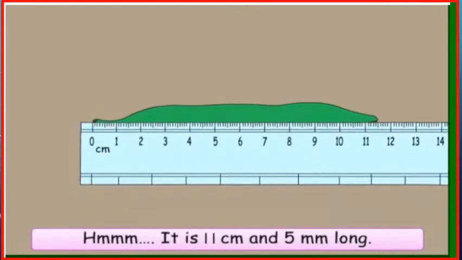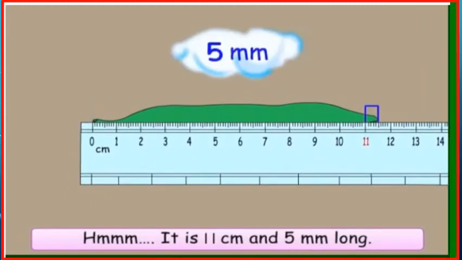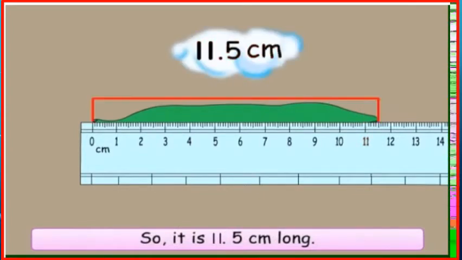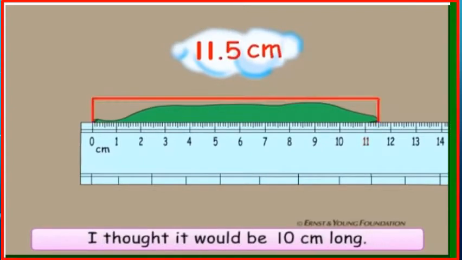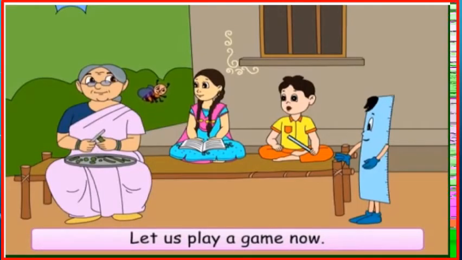It is 11 centimeters and 5 millimeters long. So, it is 11.5 centimeters long. Before I measured it with the scale, I thought it would be 10 centimeters long. Now I know it is 11.5 centimeters long.